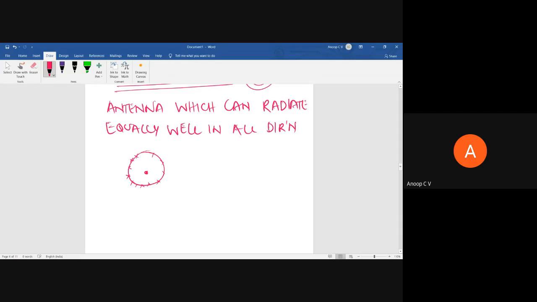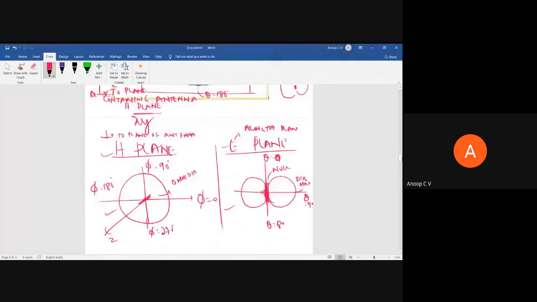It will be a sphere, which means in all directions the power radiated is the same.